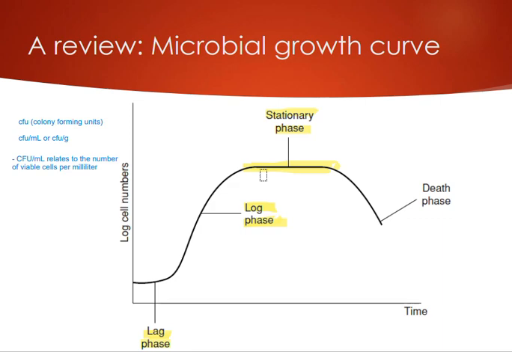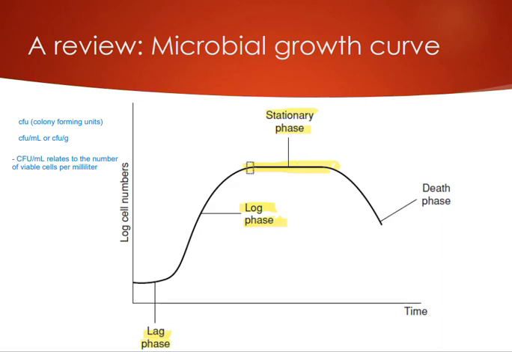So again, during the stationary phase, the population growth experienced during your log phase will start to decline as the available nutrients for your microorganisms to grow will be depleted, and waste products will also start to accumulate.